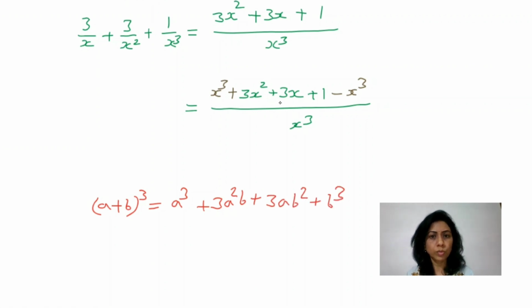So here you can compare with this one, where a value is x and b value is 1. So we can easily write x plus 1 whole cube minus x cube, divided by x cube.